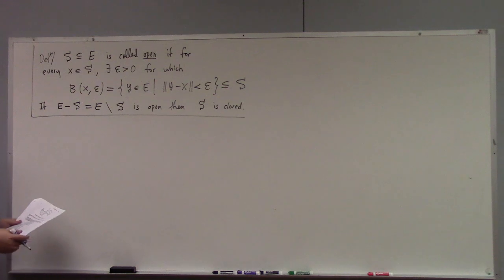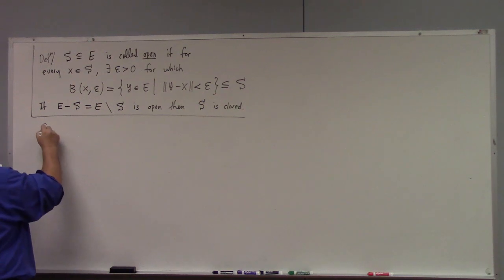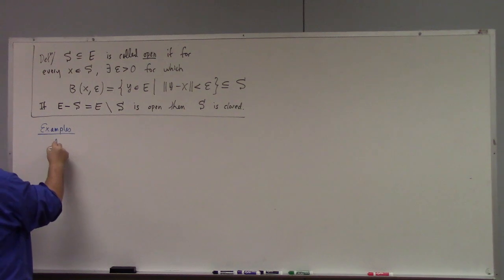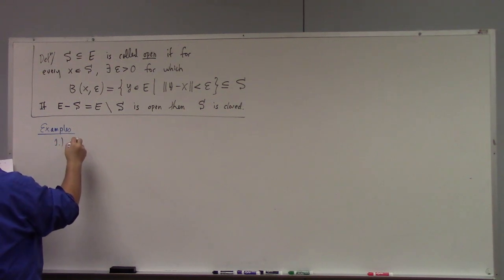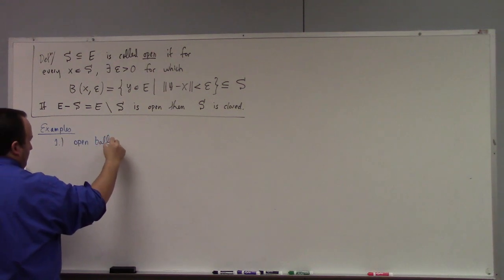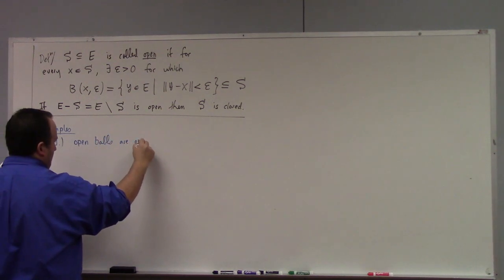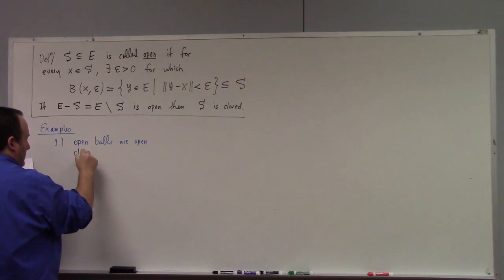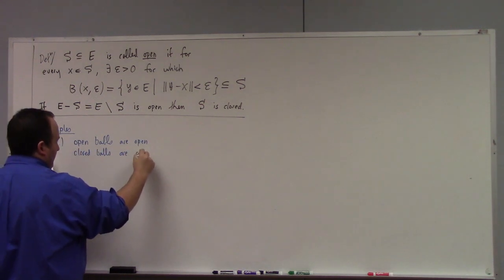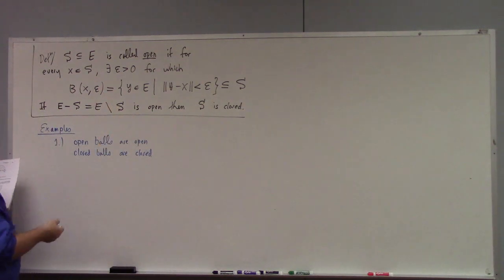All right, so then we have examples. I'm not going to prove these, but I'll just state them. Number one, open balls are open, closed balls are closed in the technical sense defined, like we defined open and closed ball last time.